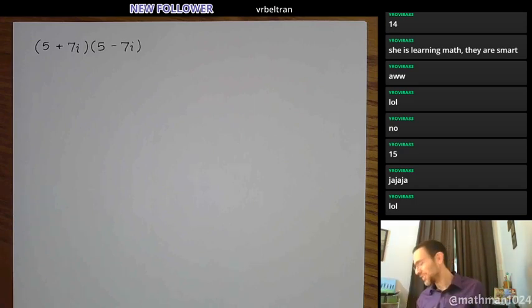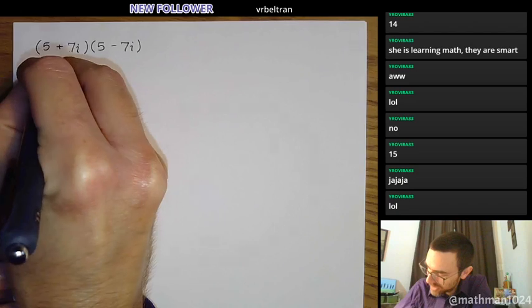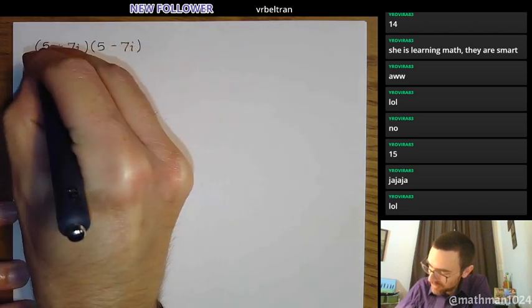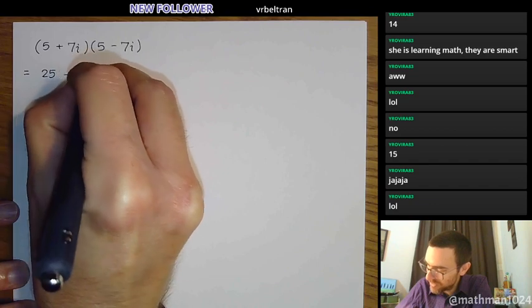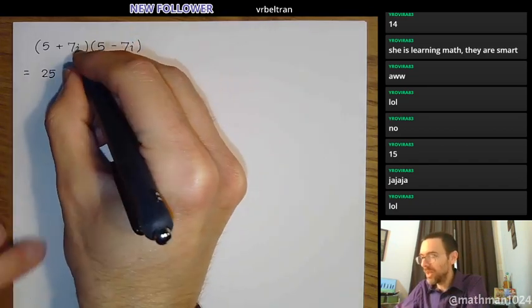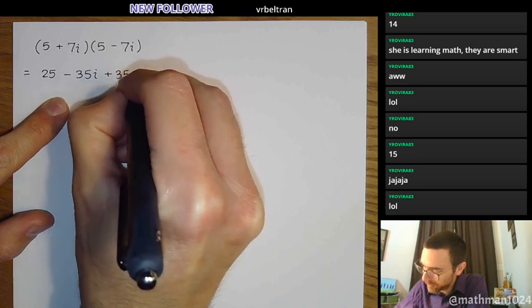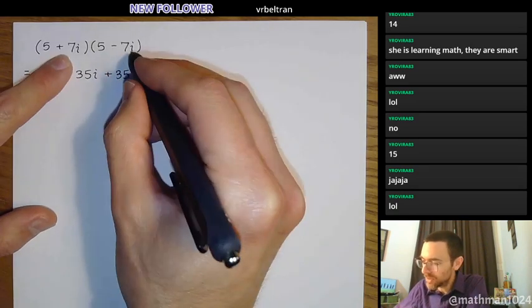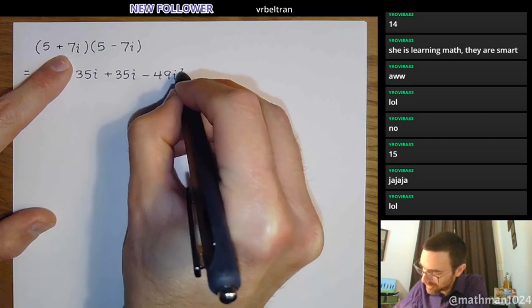Okay, so let's FOIL this just like we were doing before. When we FOIL, 5 times 5 is 25. 5 times negative 7i is negative 35i. On the inside, we get a plus 35i. And the product of the last 2 terms is negative 49i squared.